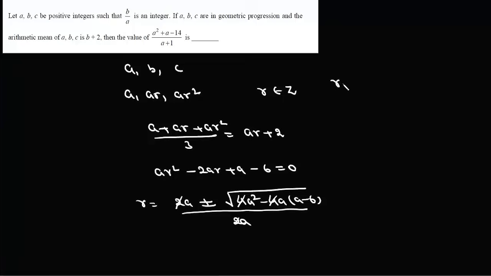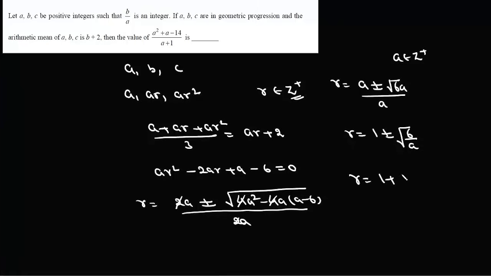So we can write this R as A plus minus root 6A upon A, or basically this R is 1 plus minus root 6 by A. Now A is a positive integer, and this R should also be a positive integer. So we'll take this plus sign. So this R will be 1 plus under root 6 by A.